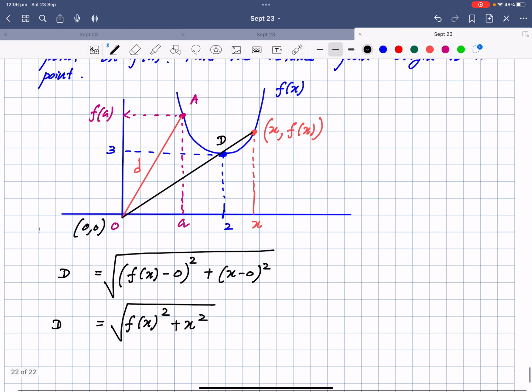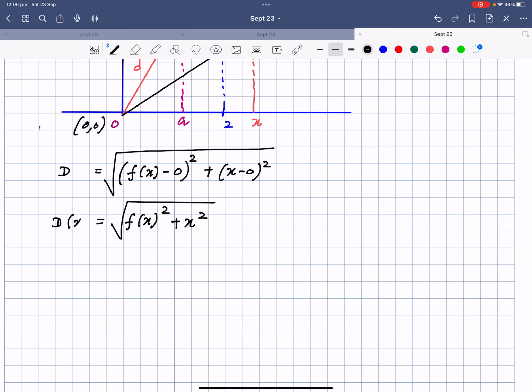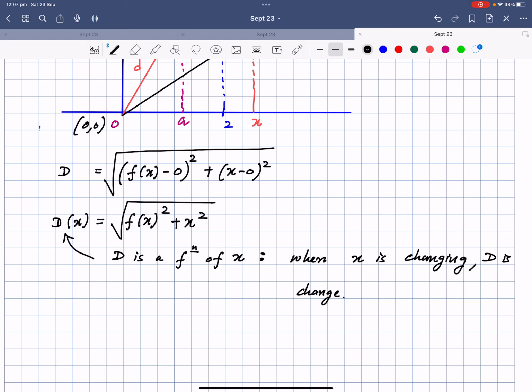So we say D is a function of x. The meaning is when x is changing, D changes. So we mathematically write that as D is a function of x.